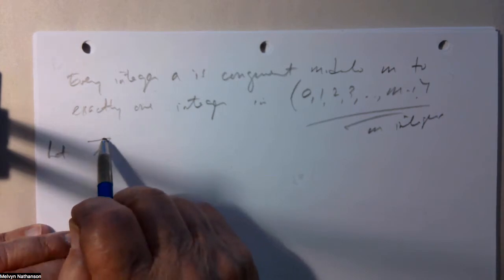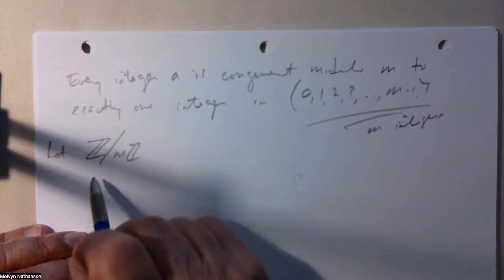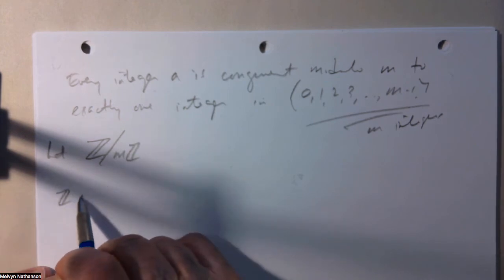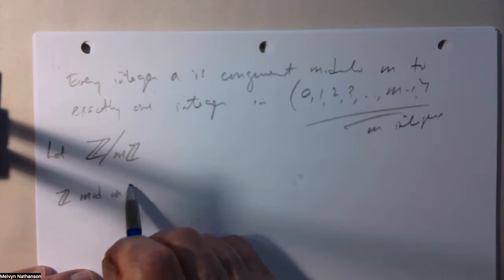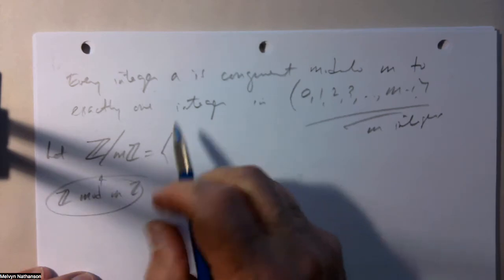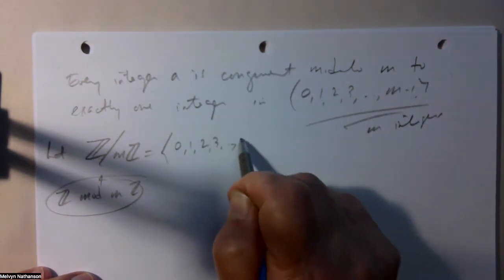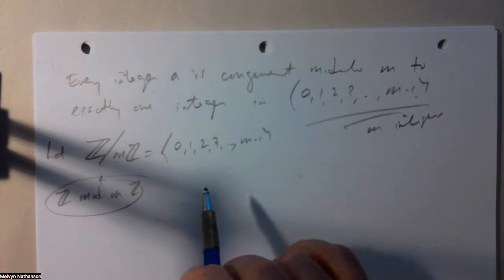And so now we use the following notation. Z is the integers. Z mod mZ is the set of just these first m non-negative integers.